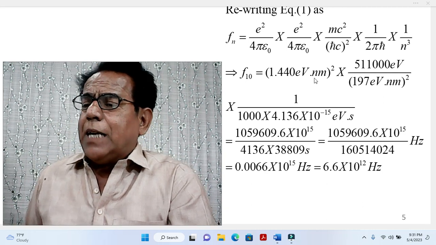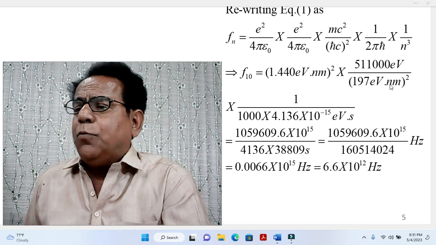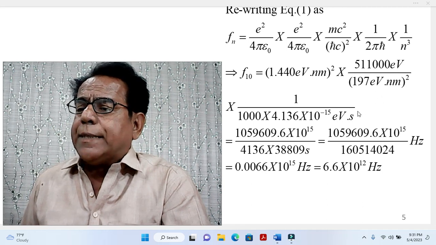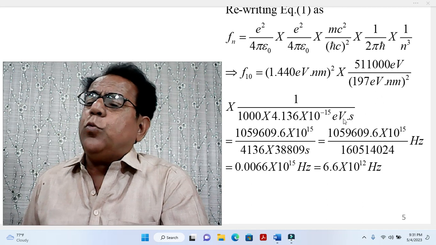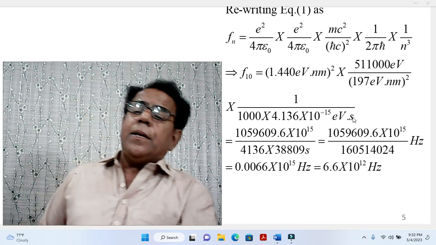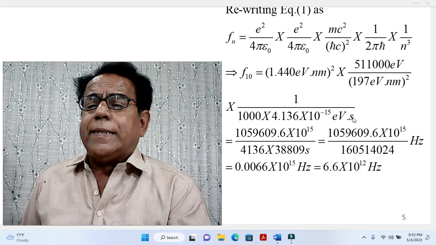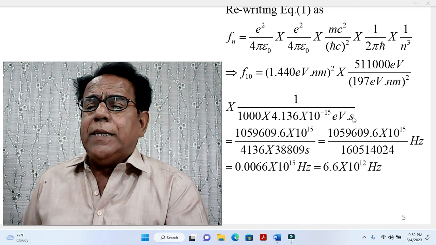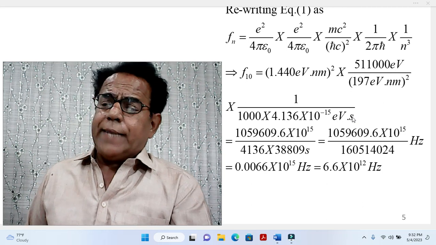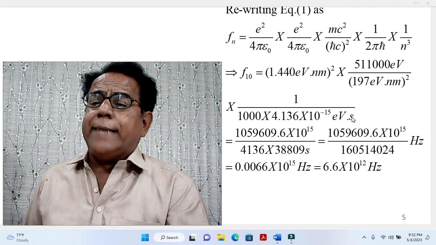That is, electron volt into nanometer whole square is cancelled with this electron volt into nanometer whole square. This electron volt is cancelled with this electron volt, and only 1 over second is left. 1 over second, or second inverse, that is second in the numerator with power minus 1, which we know is equal to Hz, hertz.